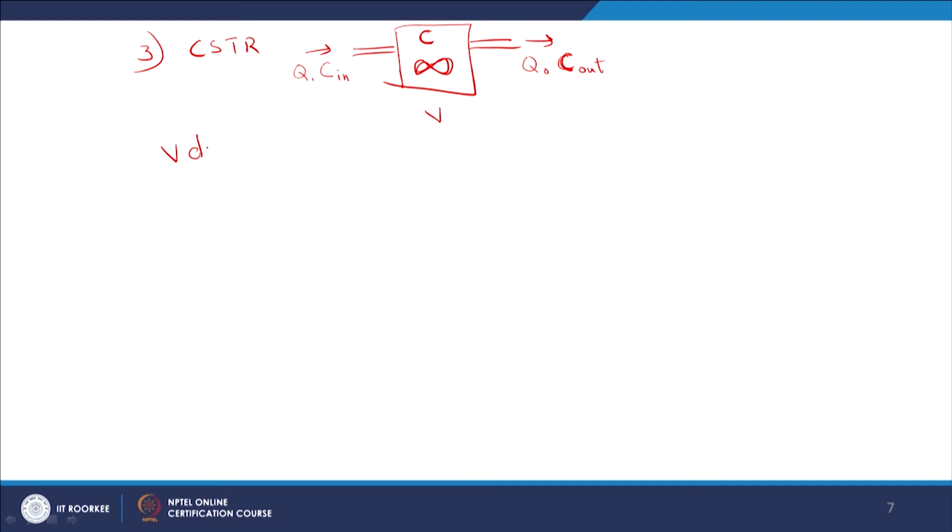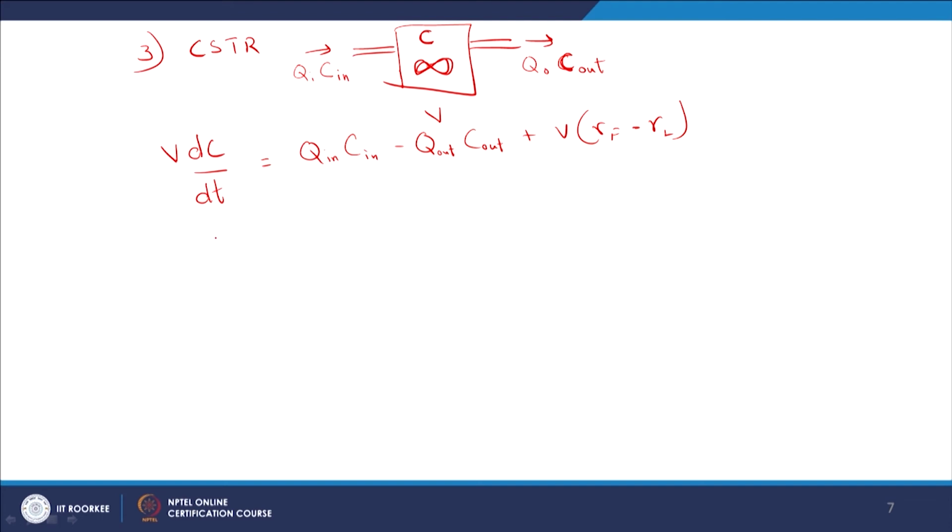So V dC by dt is equal to Q in C in minus Q out C out plus volume into rate of formation of the compound minus rate of loss of the compound, right. Let us try to transform this further.